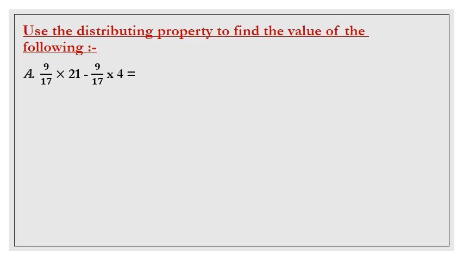So we take 9 over 17 by, the common factor, by the left numbers 21 minus 4 with brackets. 21 minus 4 equals 17.